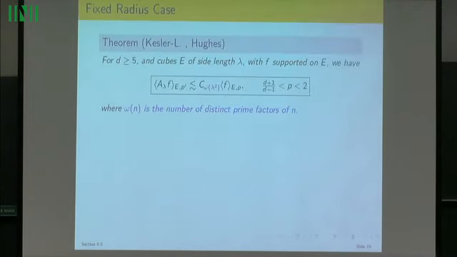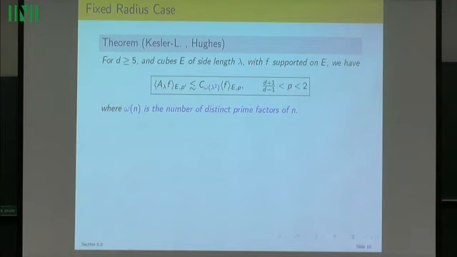So the fixed radius case, this is due independently to Robert Kesler and myself and Kevin Hughes. Again, for simplicity, I'm sticking to the case d bigger than 5 because there's a little complication at d equals 4. And you take cubes of side length lambda, where lambda is the root of an integer.